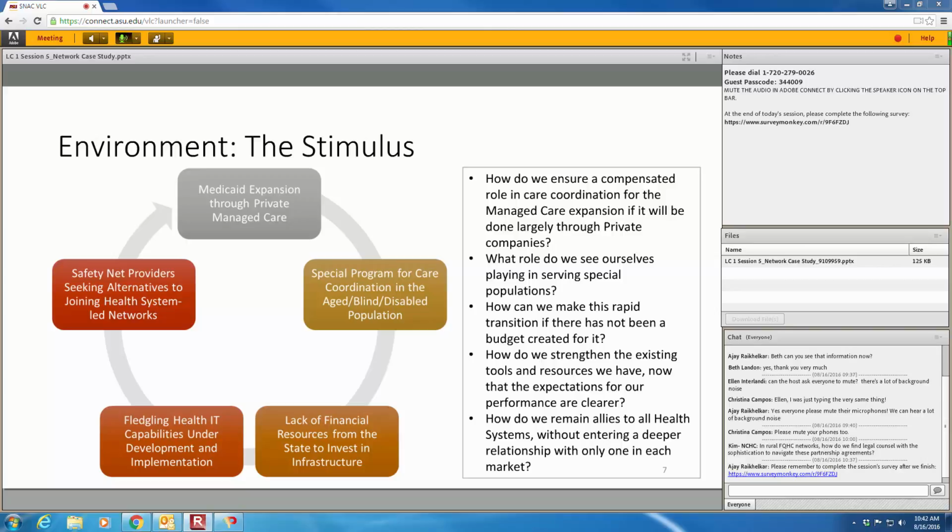That's going to vary state to state, but in this particular state, the large health systems were in fact looking to become key players in responding to these changes.